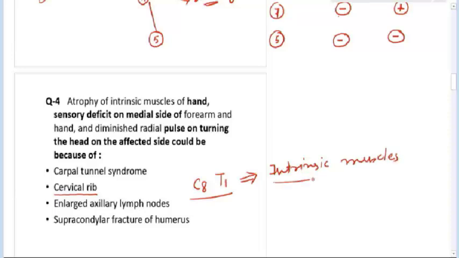There will be atrophy of intrinsic muscles if C8 and T1 is blocked because of cervical rib presence, and sensory deficit on the medial side of the forearm and hand can also be explained by the cervical rib, and it can also compress the subclavian artery.